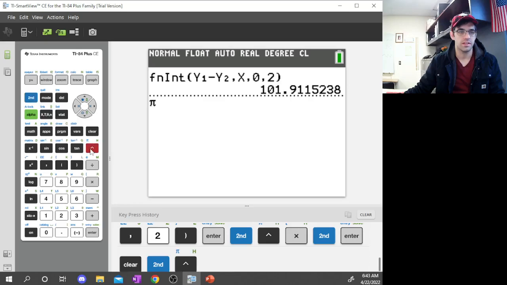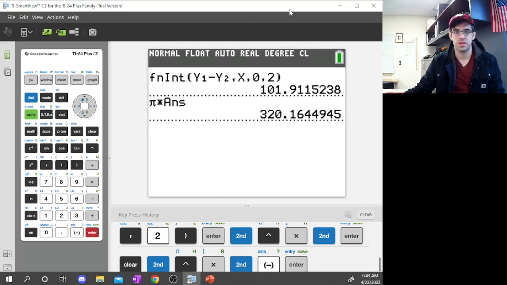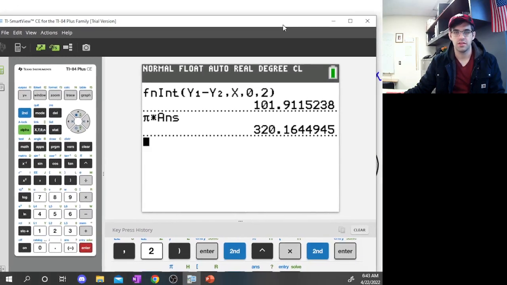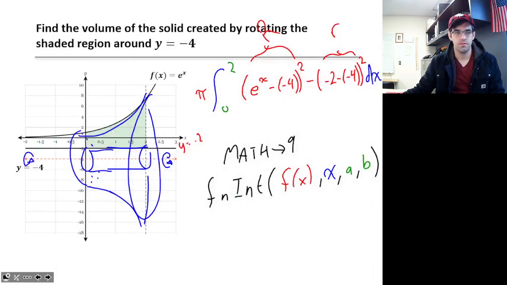Second caret to get pi, times, second, and then ANS is answer. So I'm going to pick this one right here. So what we're doing is we already have this program as our answer. So I'm going to multiply our pi times that answer. That gives us the final answer of 320 with some change. So that is the volume of this shape.